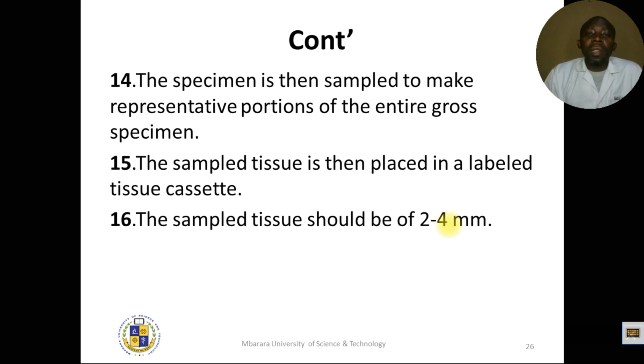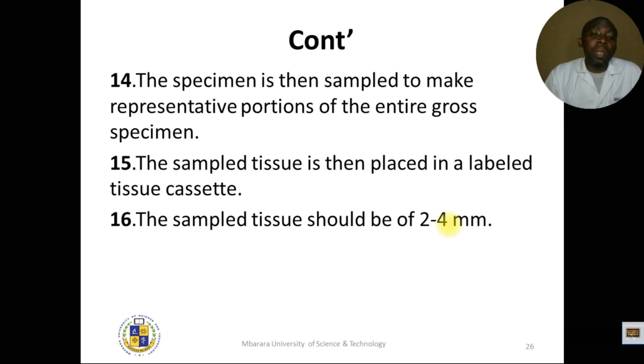So number 14, the specimen is then sampled to make a representative portion of the entire gross specimen. In this, we must always ensure that whatever we pick out of the entire specimen is representative. We cannot have the entire tissue taken to the cassette, but shall have a portion of it, and whatever you have picked must be representative of the entire tissue we received.